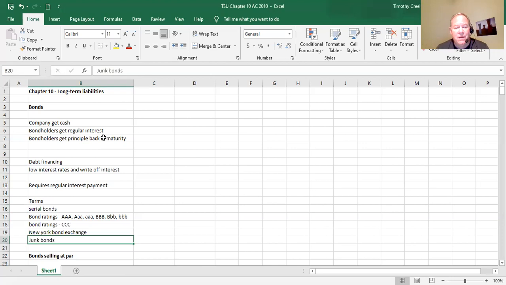So that's why they typically come with much higher rates of interest. More of them might be serial bonds where they have to pay back the face value of the bonds over the life of the bond instead of waiting till the end. So a lot of things to protect the bondholders, basically, with higher rates of interest, higher returns, things of that nature.